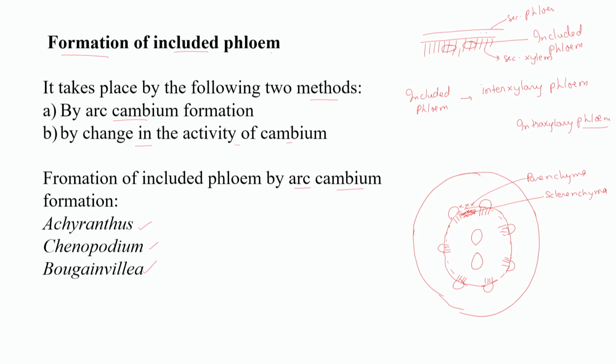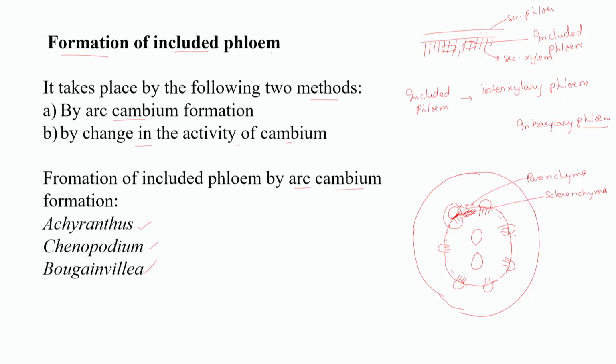Now, when this accessory cambium is developing, sometimes after giving rise to those tissues, at certain points of time, the cambium just beneath the phloem region in this vascular region becomes inactive. It's not that every cambium will become inactive at one point of time.